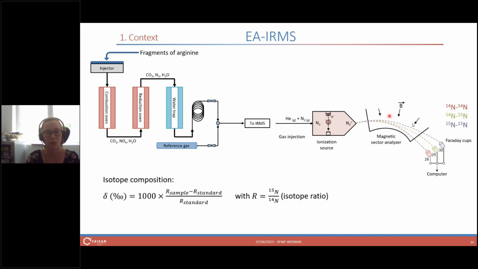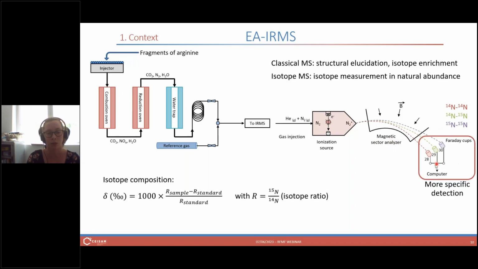The mass spectrometer is a classical mass spectrometer with an electronic impact ionization source, and the mass analyzer is a magnetic sector. The only difference is that the Faraday cups, in the case of nitrogen, will collect only 3 masses, which are 28, 29, and 30, corresponding to the different isotopologues.